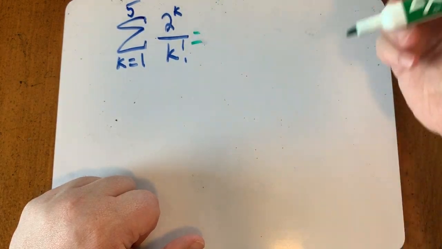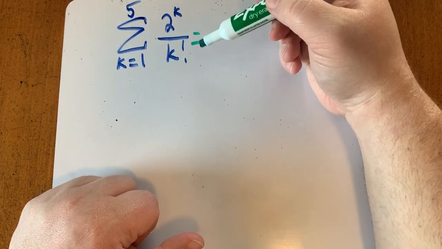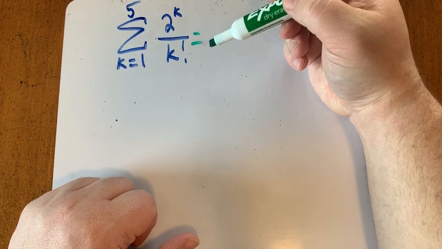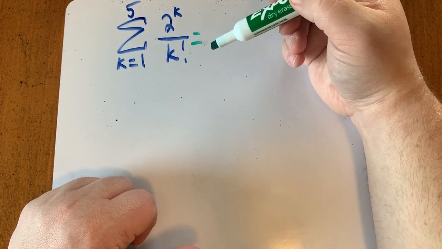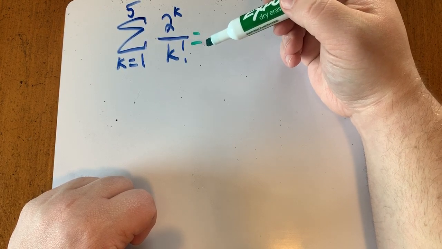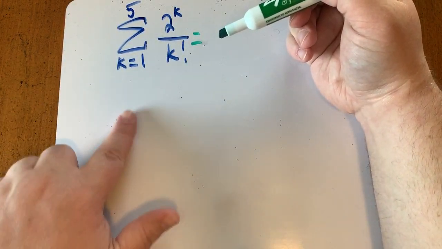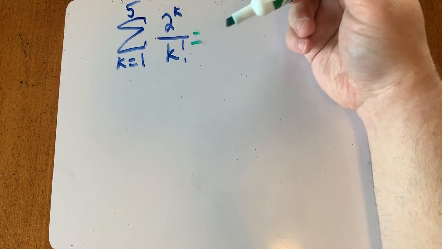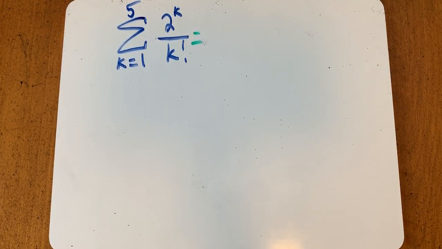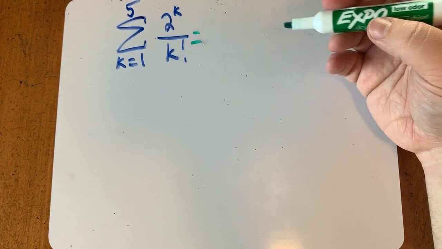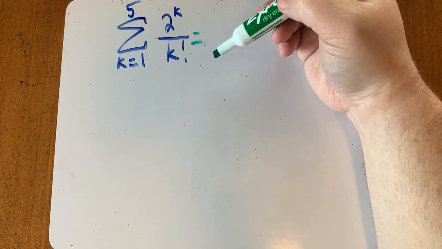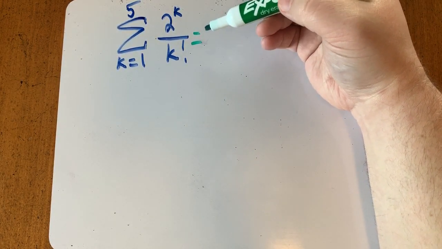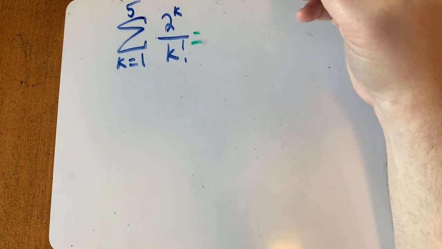The only type of series we found a formula for is an arithmetic series. This is definitely not arithmetic, so we're just going to have to brute force it. We will have a formula for geometric series, and we already have one for arithmetic series, but for a general series that is neither arithmetic nor geometric, you just have to go through and do it.